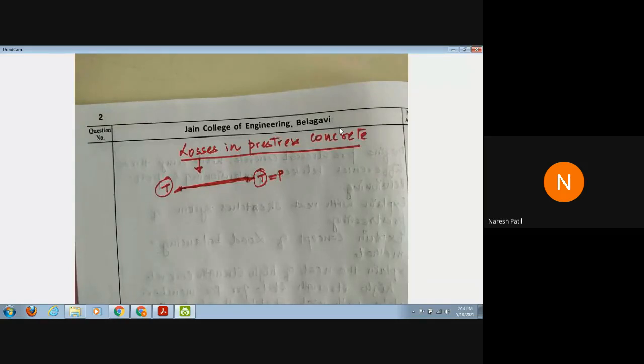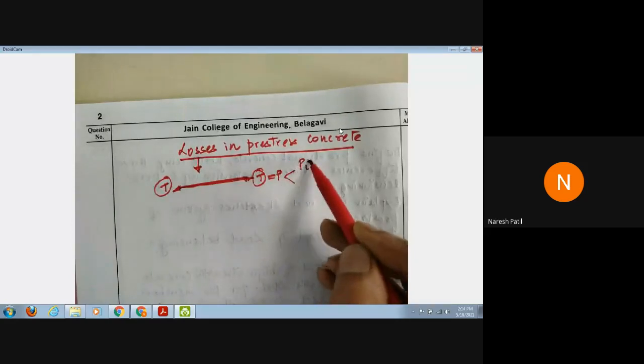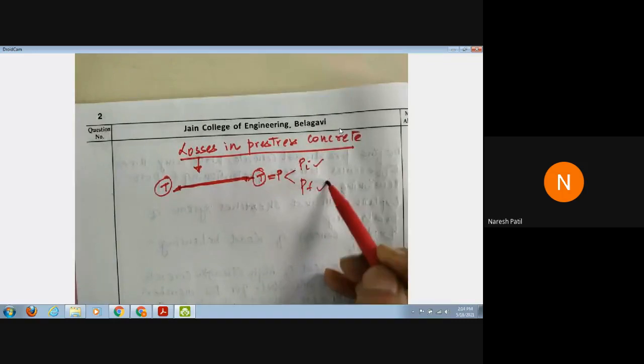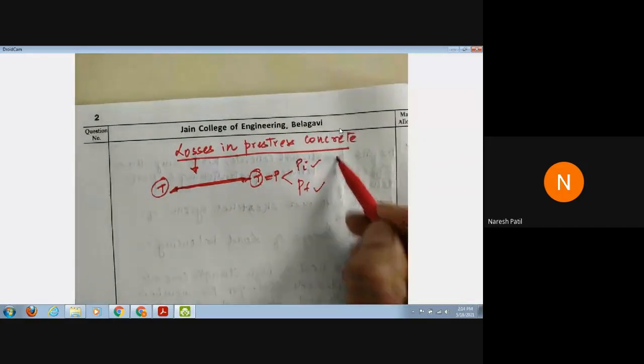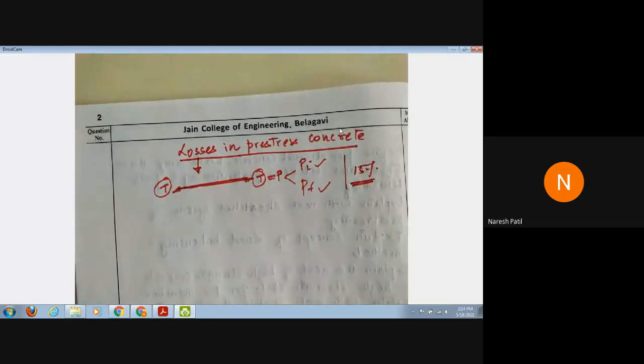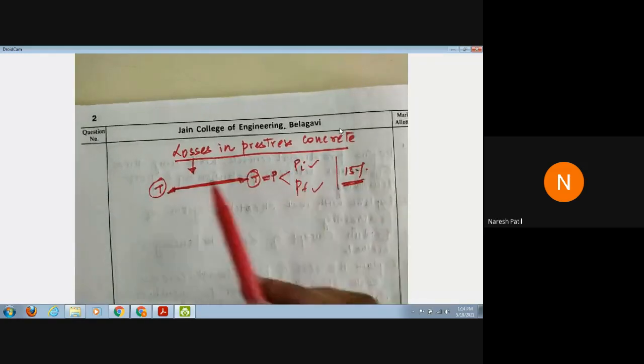So that's why in some of the problems I was discussing P_i and P_f. What is that? P initial, P final. Initial pre-stressing, final pre-stressing. Even I discussed some problems like there is a loss of 15% in the pre-stressing. Even in the assignment I have mentioned one question, if there is a loss of 15%. So what does that mean?